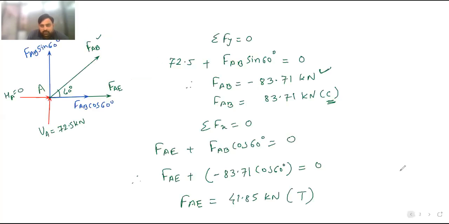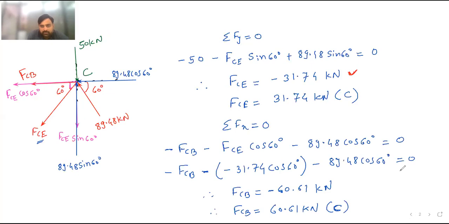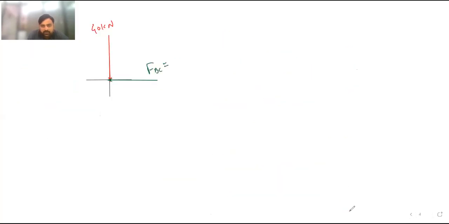We have shown it as a compressive FBC. FCB 60.61 kilonewton. Then next is this BA or AB.